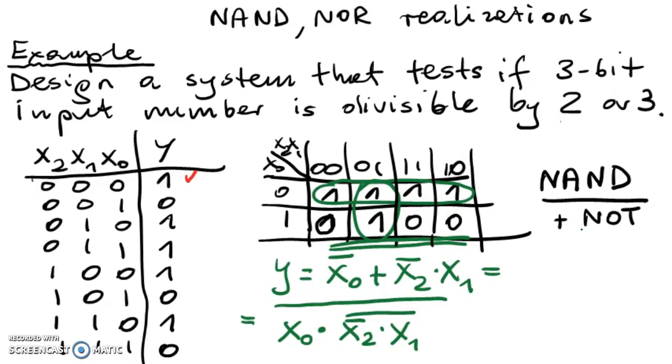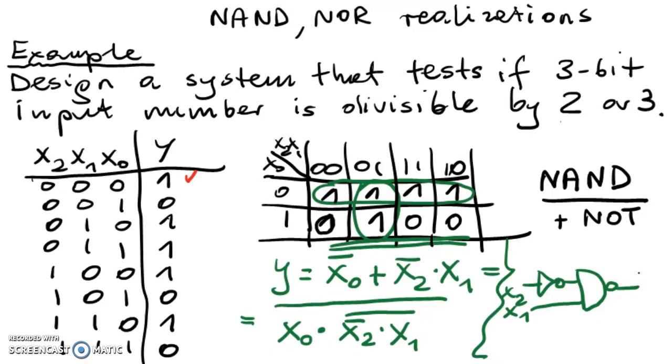So you must implement this function using NOT. You've got NOT here. It is x2. x2 must be multiplied with NAND, with x1. And then this output from this NAND is fed to another NAND.